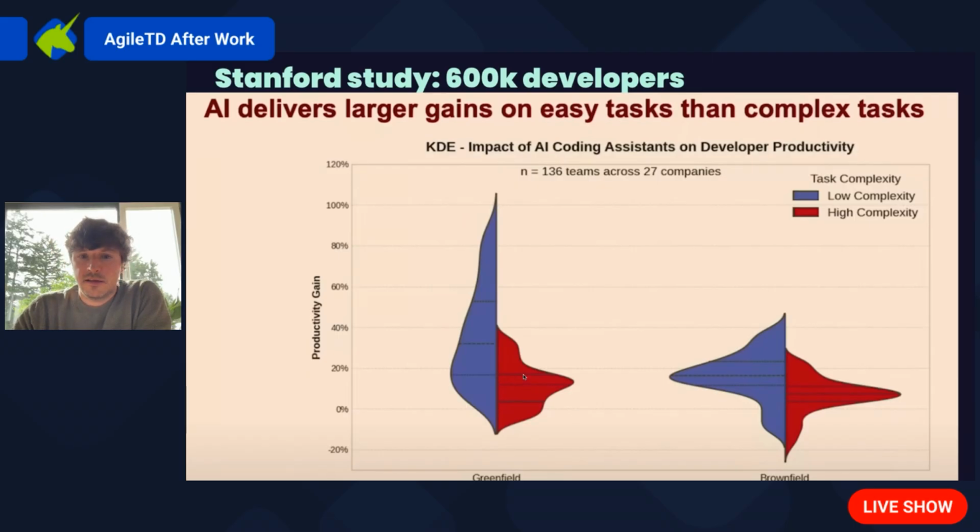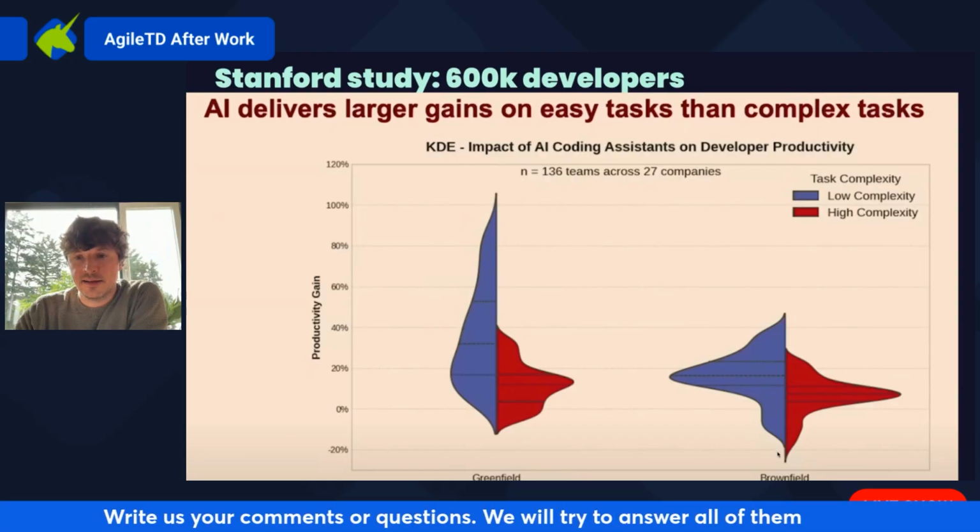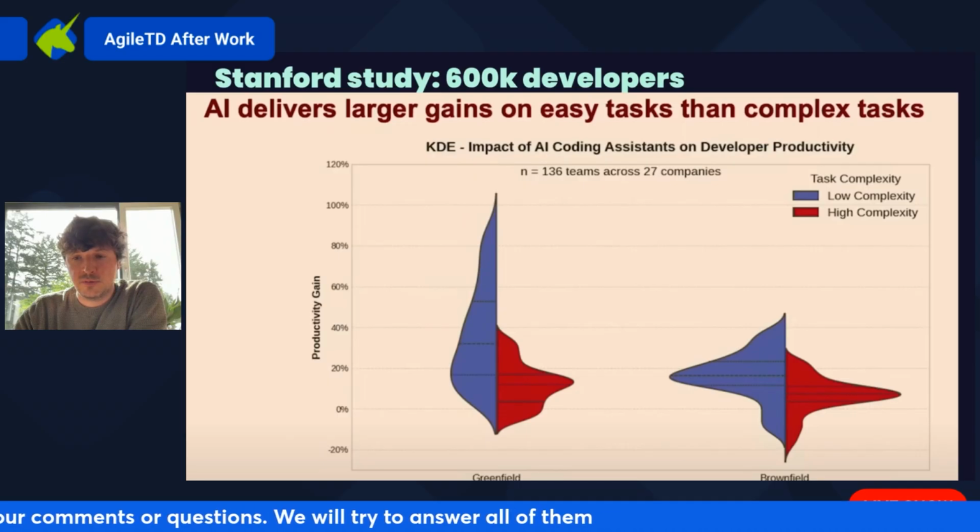And also especially higher than in brownfield settings for low complexity tasks, like boilerplate code, writing unit tests. But for high complexity tasks, it was much lower in terms of productivity gains. And sometimes the use of AI in high complexity tasks on brownfield code bases was even deteriorating and net negative in terms of productivity gain.